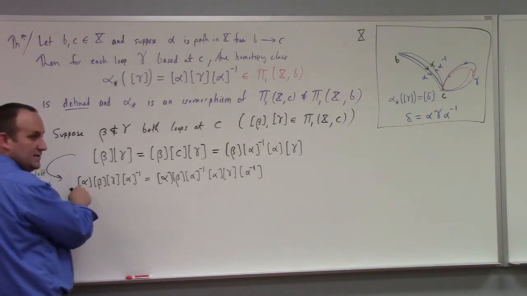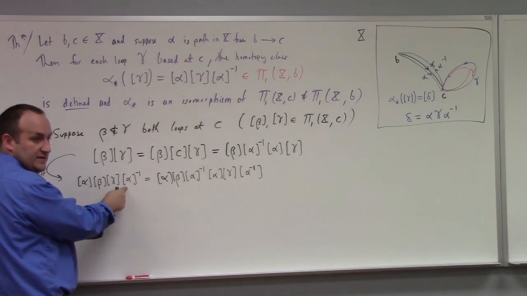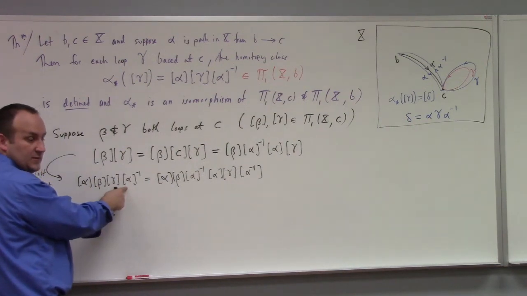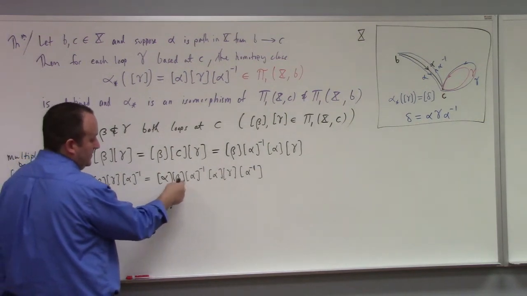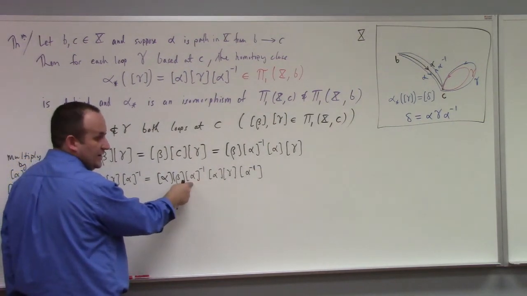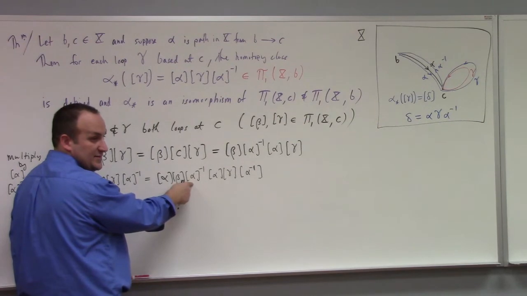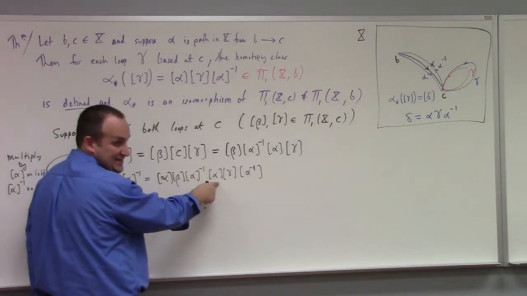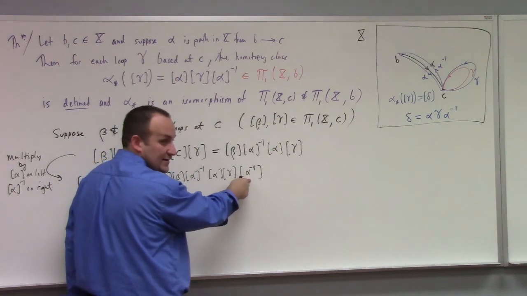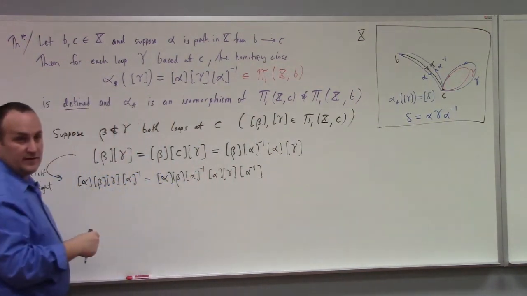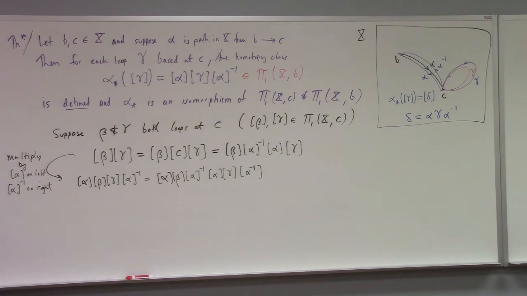So this goes from B to B. This is a loop at B. Again, we go from B to C, C to C, and then C back to B, B back to C, C to C, C back to B. In other words, we go from B to B. So the left-hand side and the right-hand side are both loops based at B.